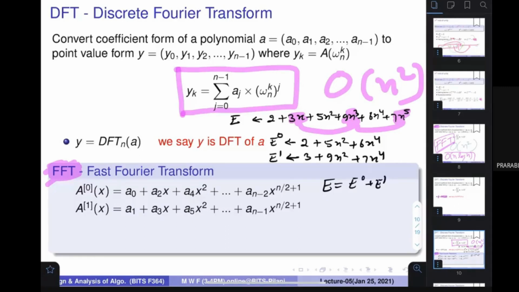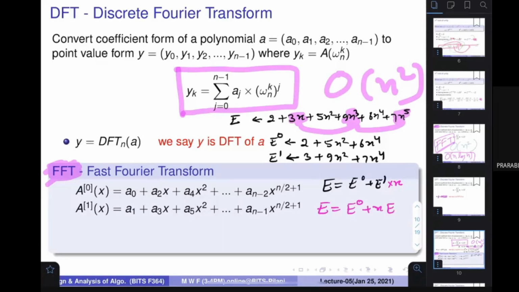Yes. I think Amay has given me the right thing, that this is x multiplied by E1. Okay, so essentially, I can write that E is equal to E0 plus x into E1.